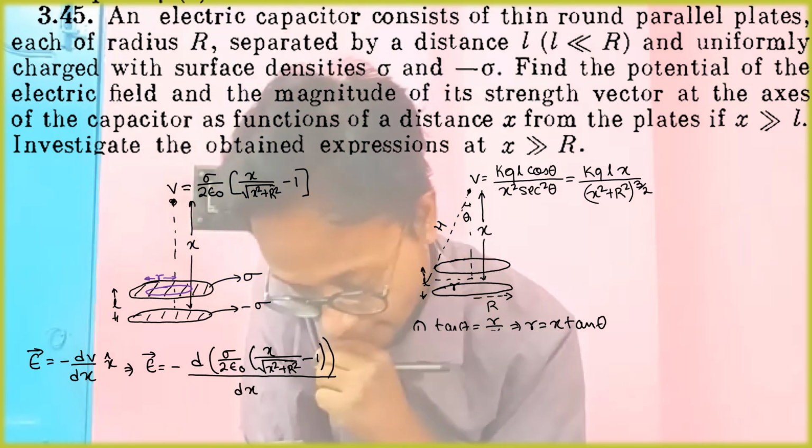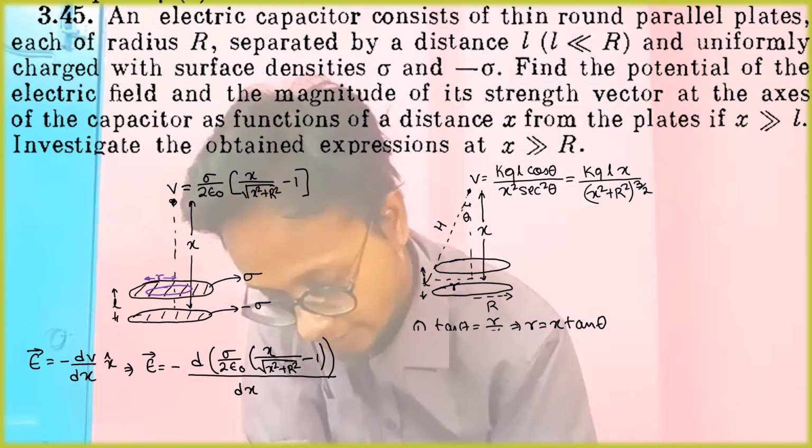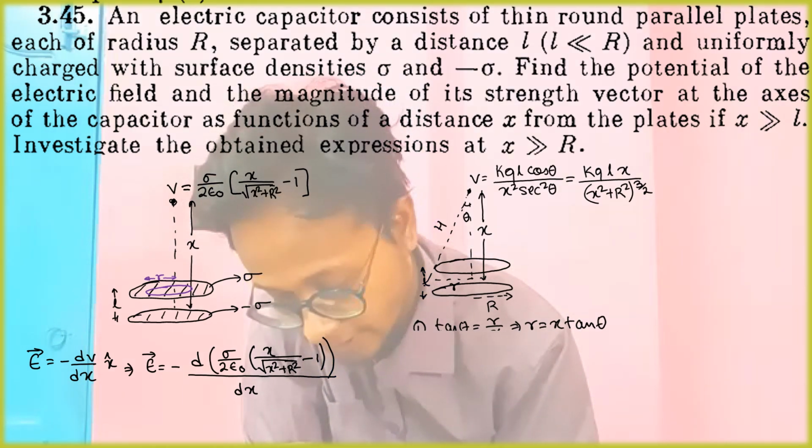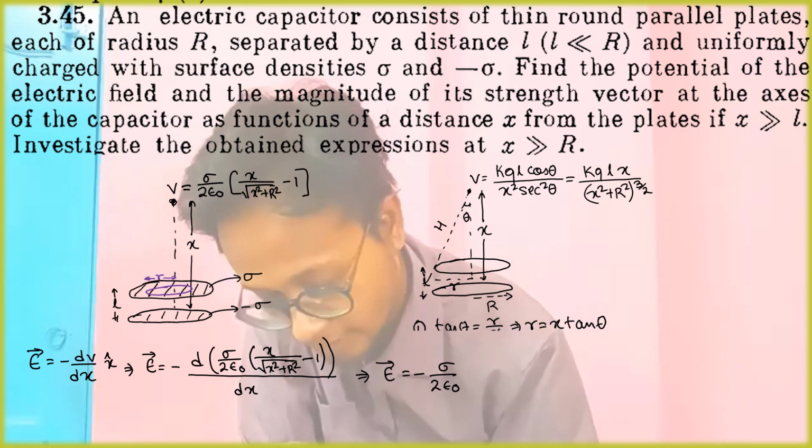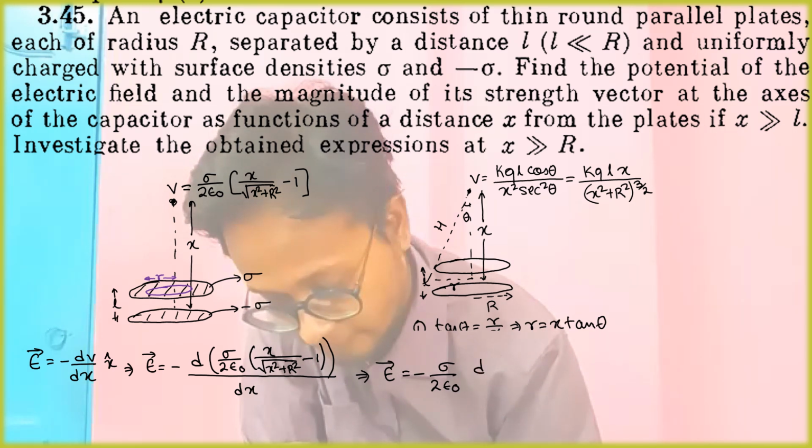Now what I must do here is take all the constant terms outside, isn't it? So the electric field would be minus sigma by 2 epsilon naught into d of x by under root of x square plus r square, minus 1, divided by dx.